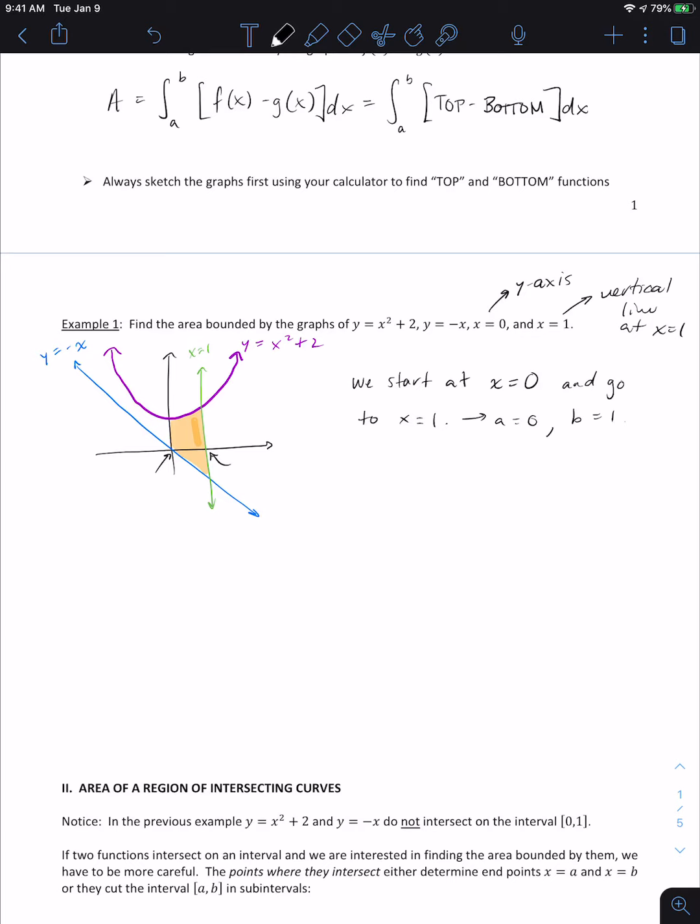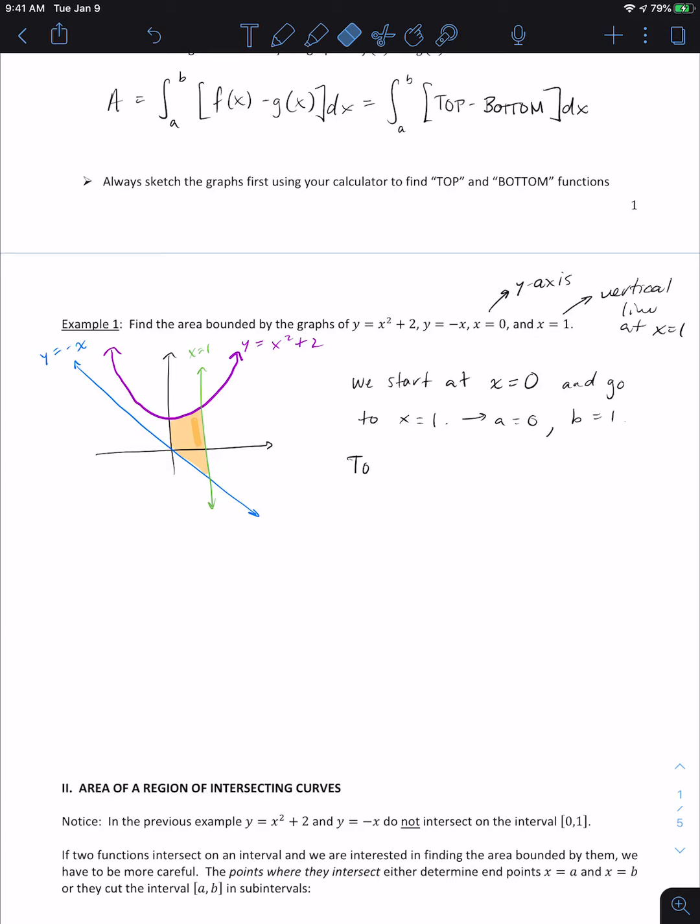So now what I always like to do in these problems is identify the top function and the bottom function, because that's what our formula is. So which function's on top of this area? Let's get rid of some of these arrows here. Sorry, I'm still getting used to the iPad.